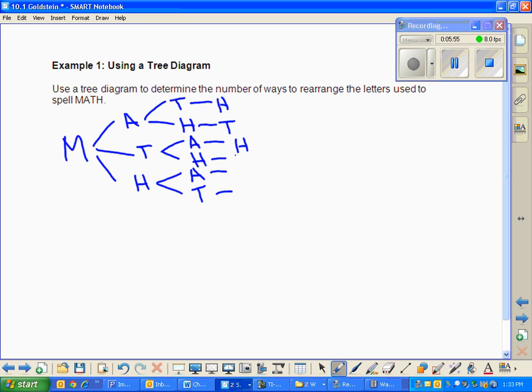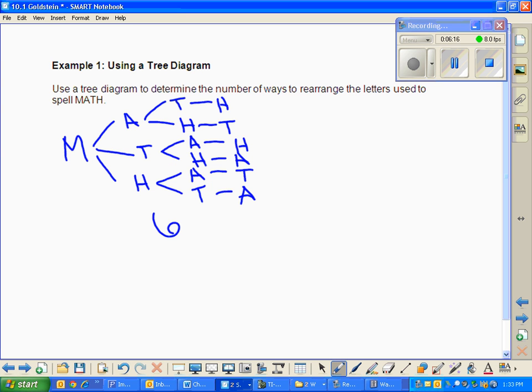Because we're not repeating or anything. So we could pick T here and A here. How many ways is that? How many different arrangements? 6. That's 6 different ways. He's seeing that this is one pathway, then 2, 3, 4, 5, and 6.